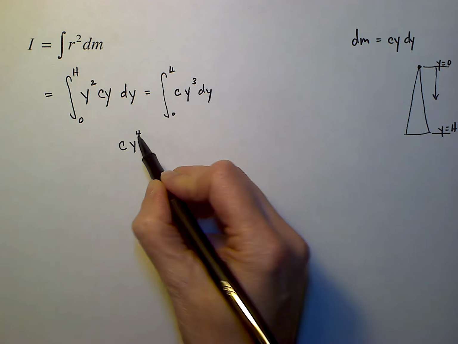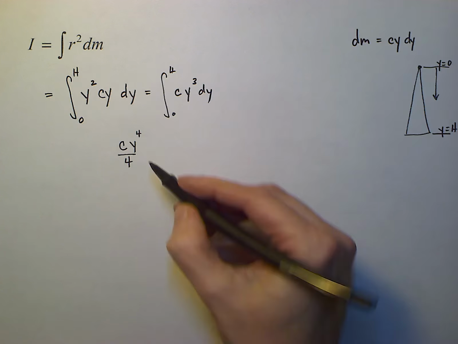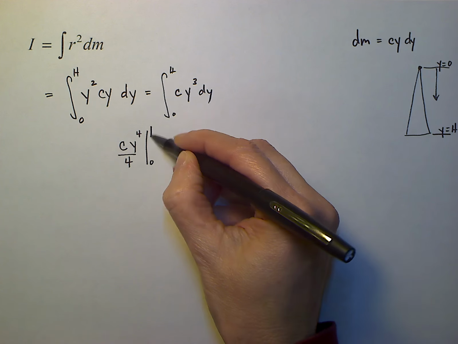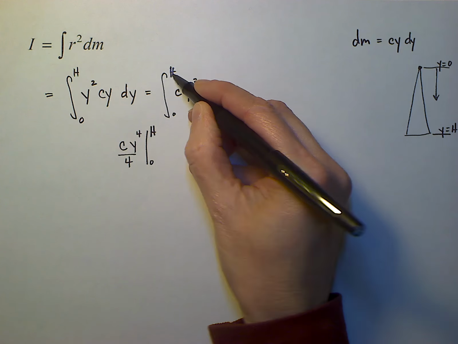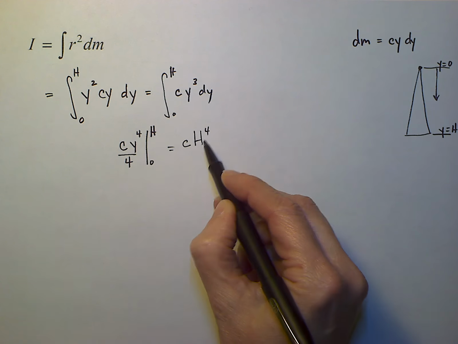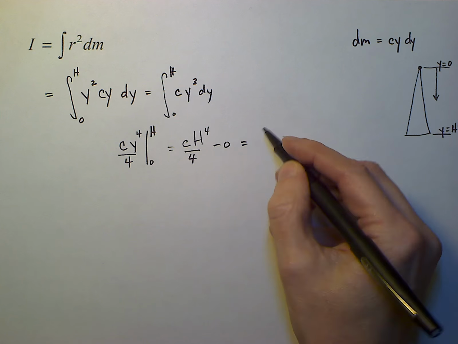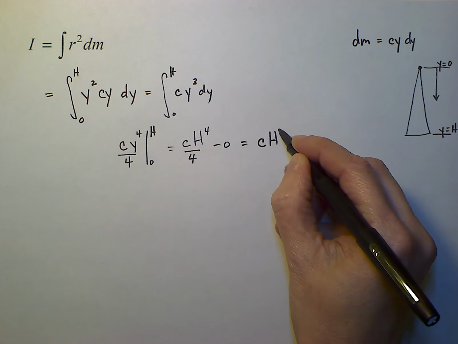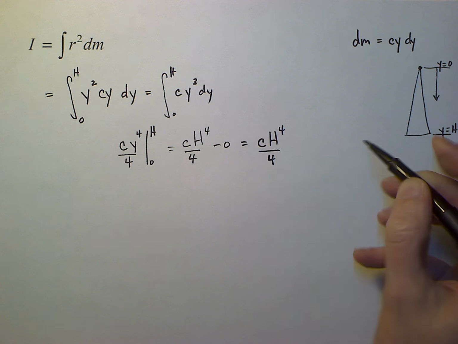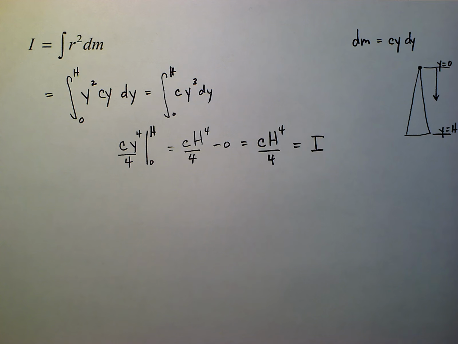This moves to y to the 4th divided by that new exponent, and I'm going to integrate this from 0 to h. So that means c times h to the 4th over 4 minus 0, so just c times h to the 4th over 4. This is my expression now that I'm going to use for the inertia.